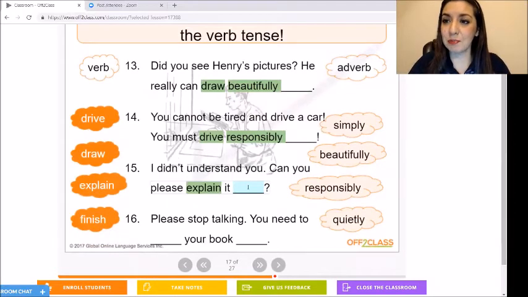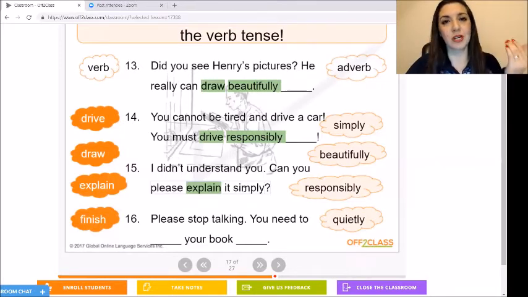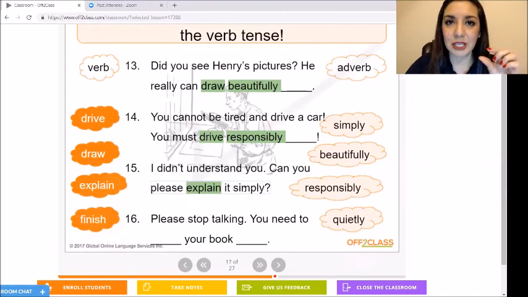So we'll say simply, because that was the adjective, simple. Can you explain it simple? Or can you explain it simply, like in a simple way? That's how you want her to explain it.